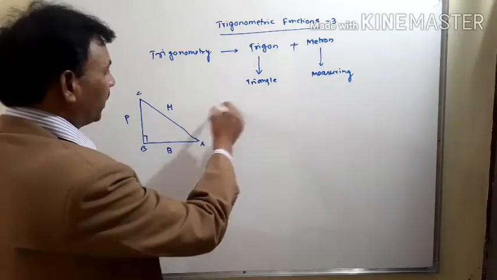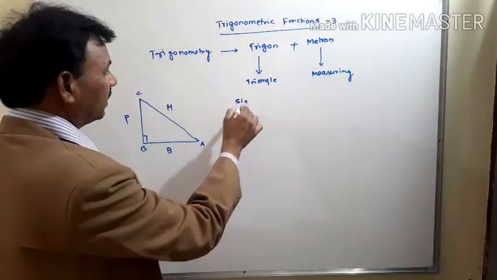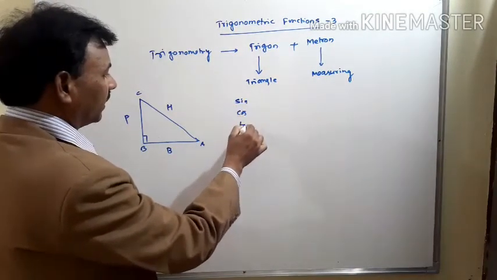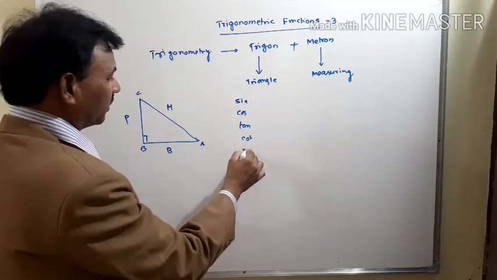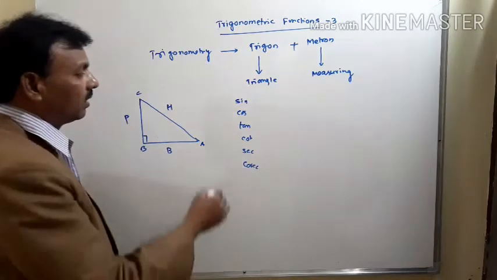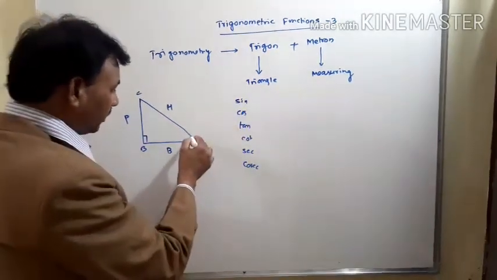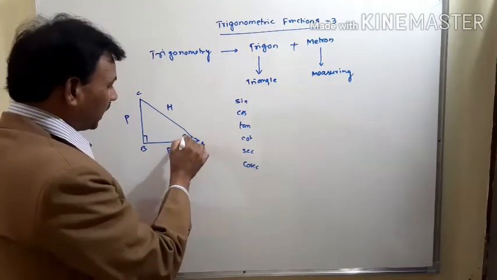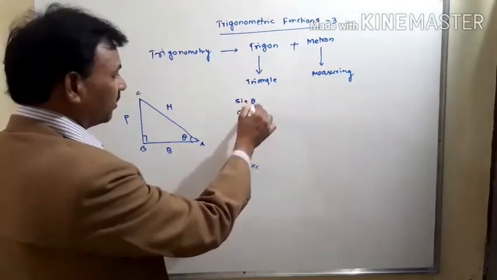The trigonometric functions are sine, cos, tan, cot, sec and cosec, which are given with respect to this angle theta.